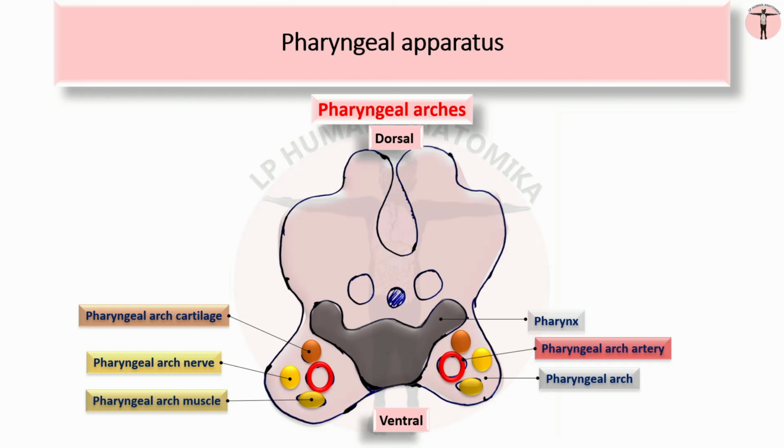Dorsal to the pharynx, we can observe the notochord, dorsal aorta, and most dorsally is the neural tube. So these are the components of the pharyngeal arch, which is located lateral to the pharynx, and the structures which are located dorsal to the pharynx.